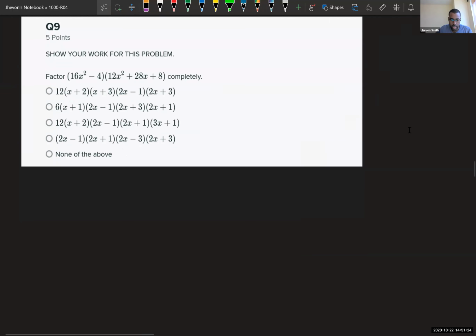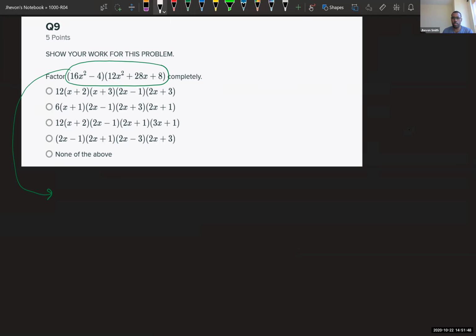Okay, factor this completely. So this is already kind of half factored, but you need to make sure that each factor can factor further. So what I would do here is, this is the guy I'm focusing on. I want to factor that.